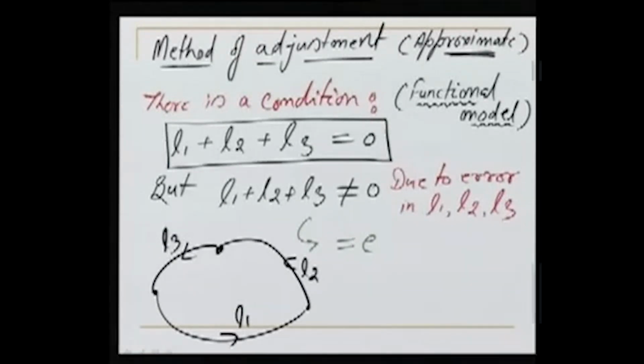But due to error in L1, L2 and L3, it will not be so. We also understand this because whatever precision we apply in the field, the random errors will still be there. Yes, the amount will be less, but they will be there.